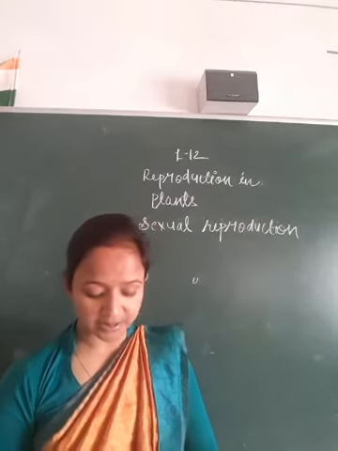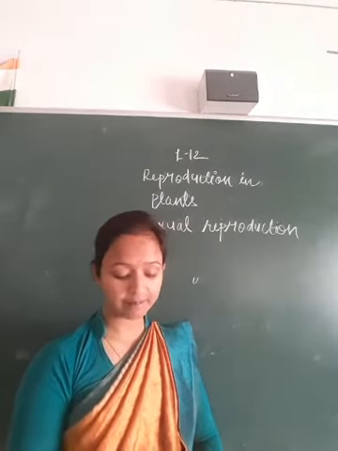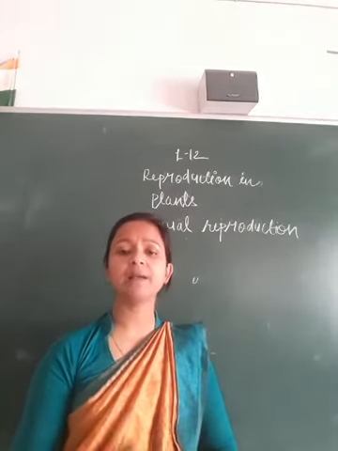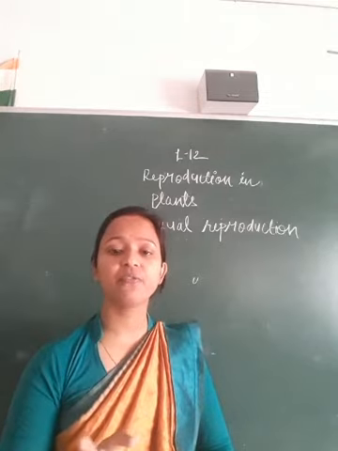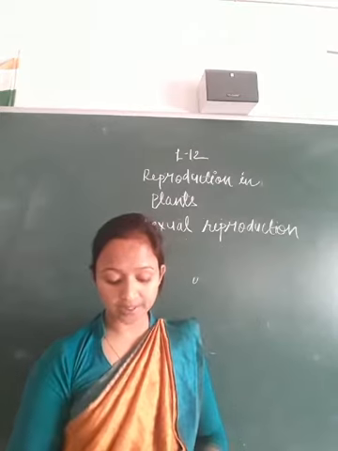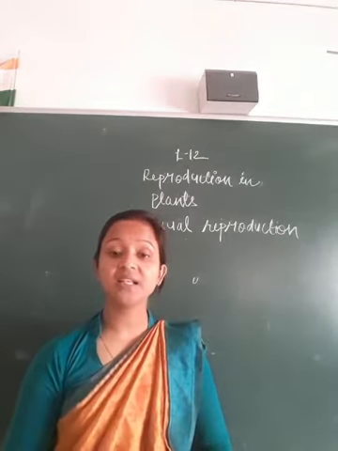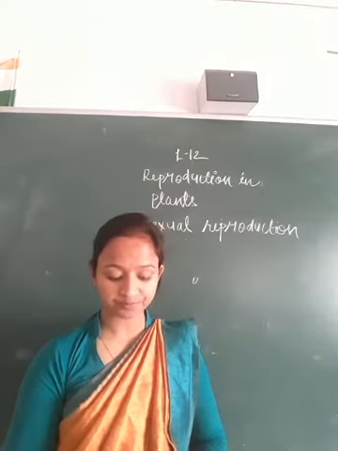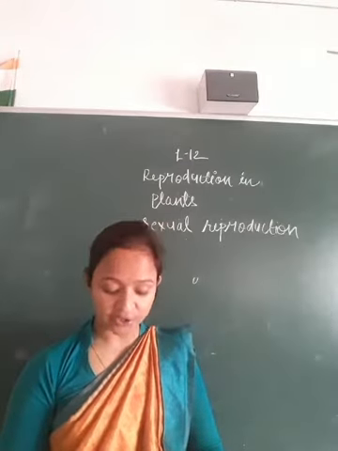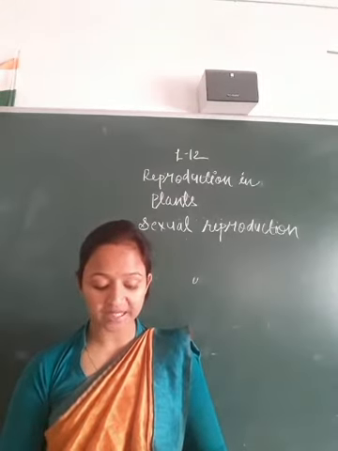The male parent produces the male gametes and the female parent produces the female gametes. The male gamete is usually small with a nucleus and a little cytoplasm, and the female gamete is larger with a nucleus and more cytoplasm than the male.